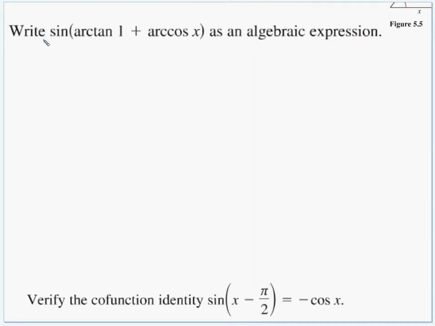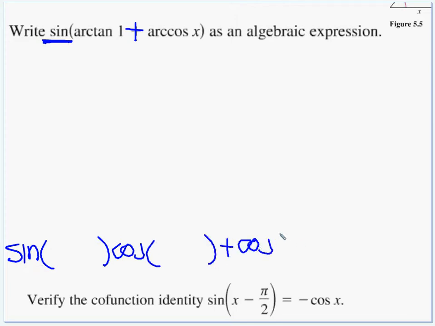Okay, so in this one, we're doing the sine of a sum. So the sine of a sum formula will be sine cos plus cos sine. And we're going to make the u arctan 1.